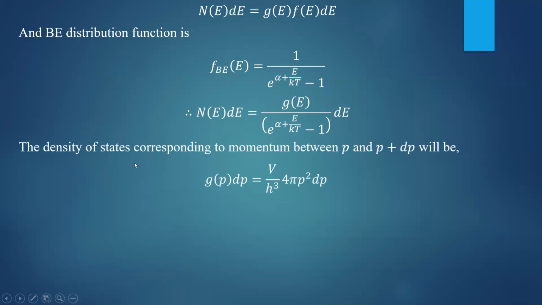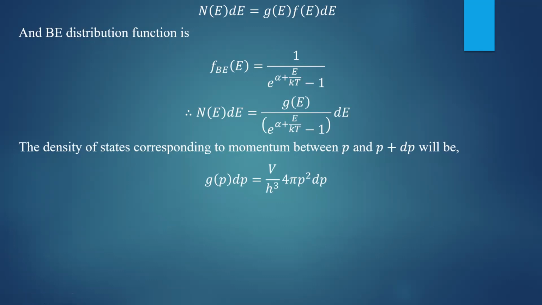Now we know that in momentum space, the density of states having the momentum between P and P plus dP was given by G of P into dP equal to V by h cubed into 4 pi P squared into dP. You have already studied this in one of the previous classes.